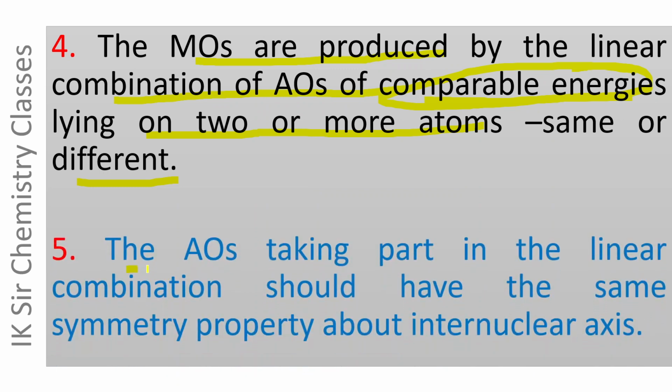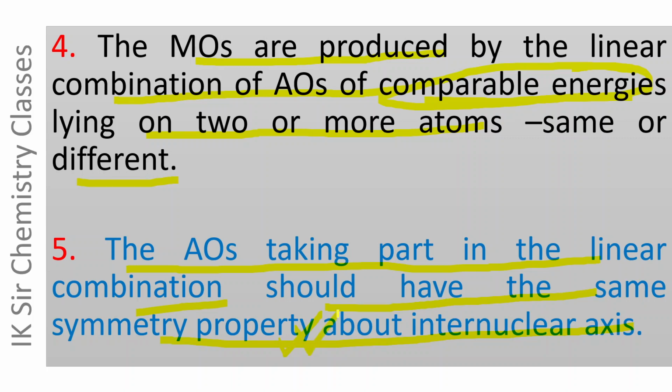The atomic orbitals taking part in the linear combination should have the same symmetry property about the internuclear axis. The atomic orbitals which take part in linear combination producing molecular orbitals must have the same symmetry property about the internuclear axis.